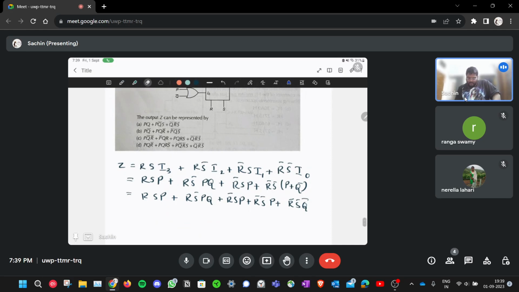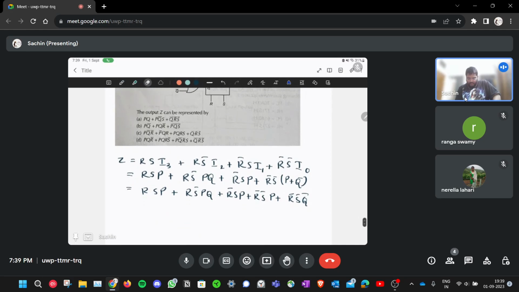Let's see. There's no P R bar S bar in the options. None of the options have that term. Now the options have the term PRS also, so you need to eliminate those two things. Options 1, 3 and 4 have Q bar, R bar, S bar, so it could be one of those.